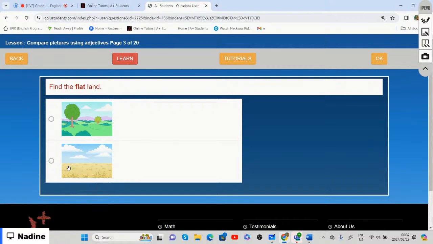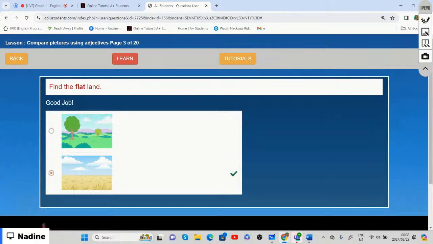All right, so the second one is, it describes the land, right? And flat is our adjective that describes the land, because it's a flat land.